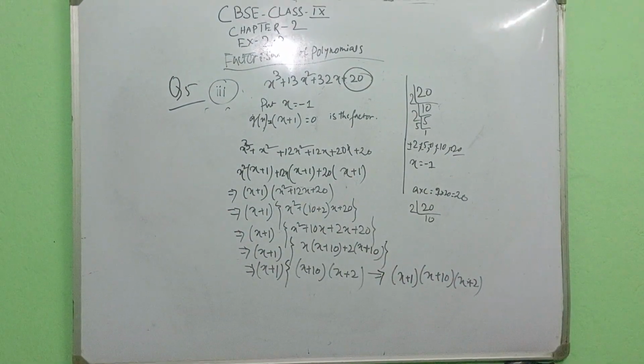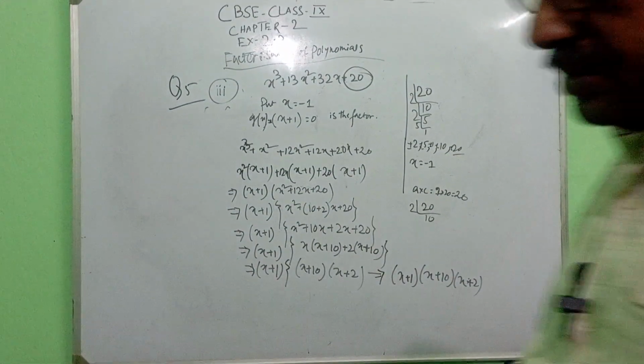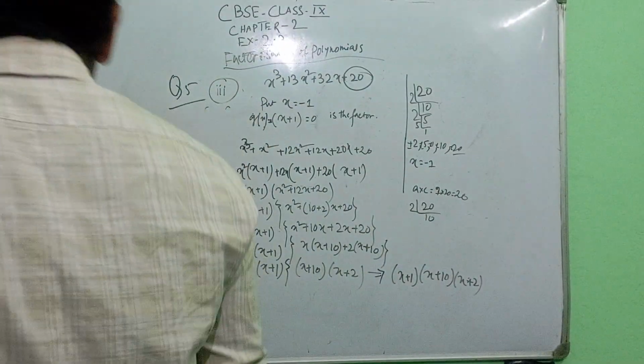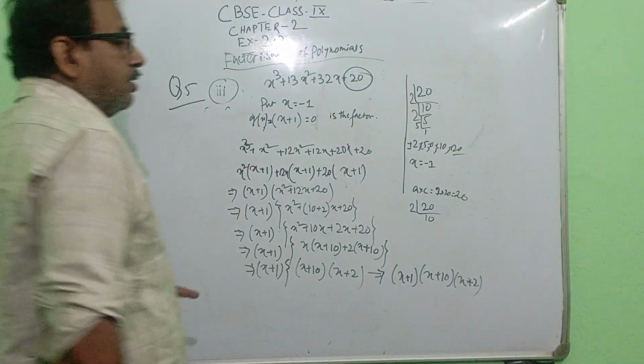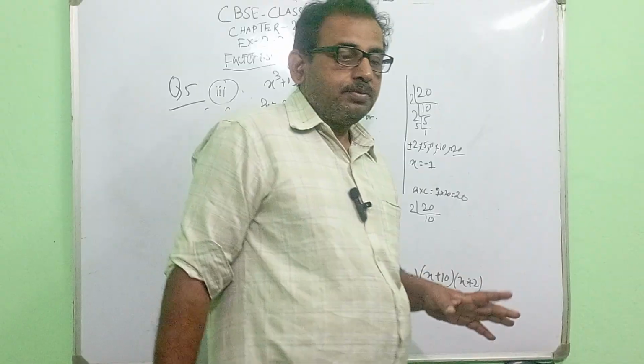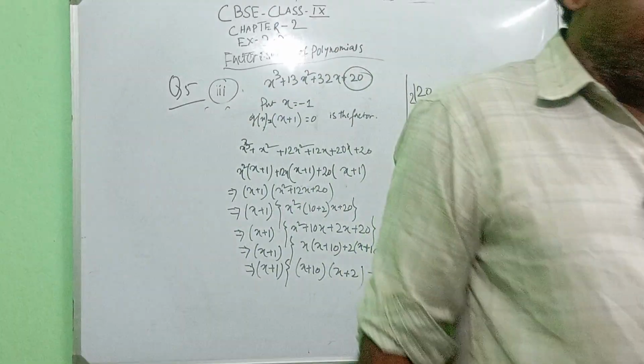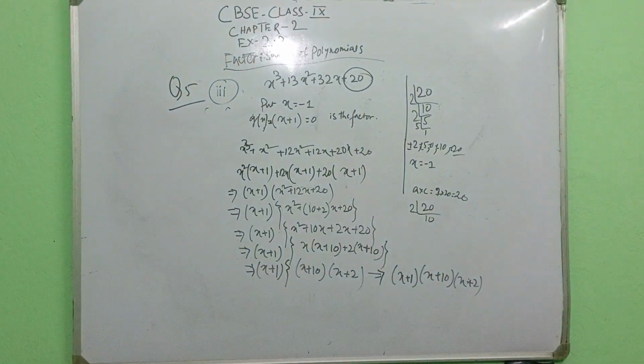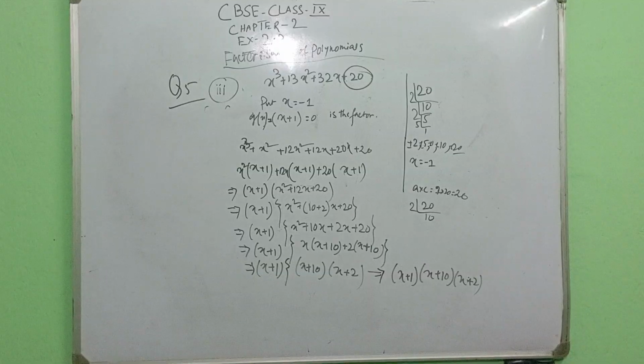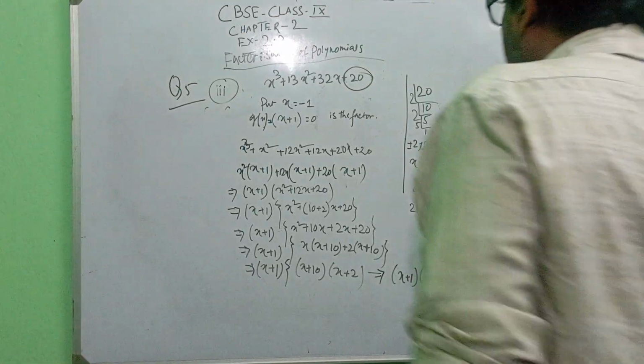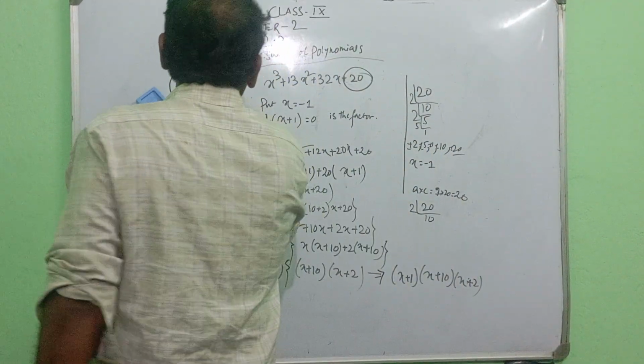So up to now, we have considered that factorization can be made by the factor theorem, remainder theorem, and the middle term. This is all about 2.5.